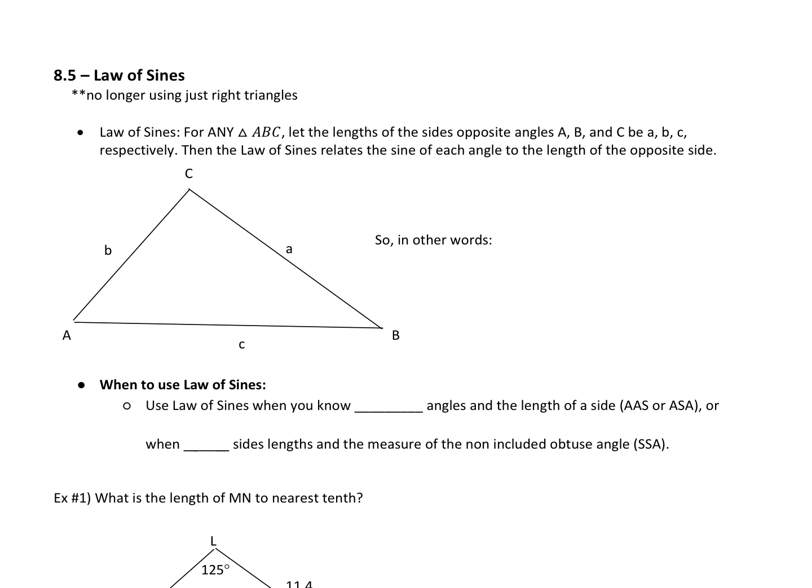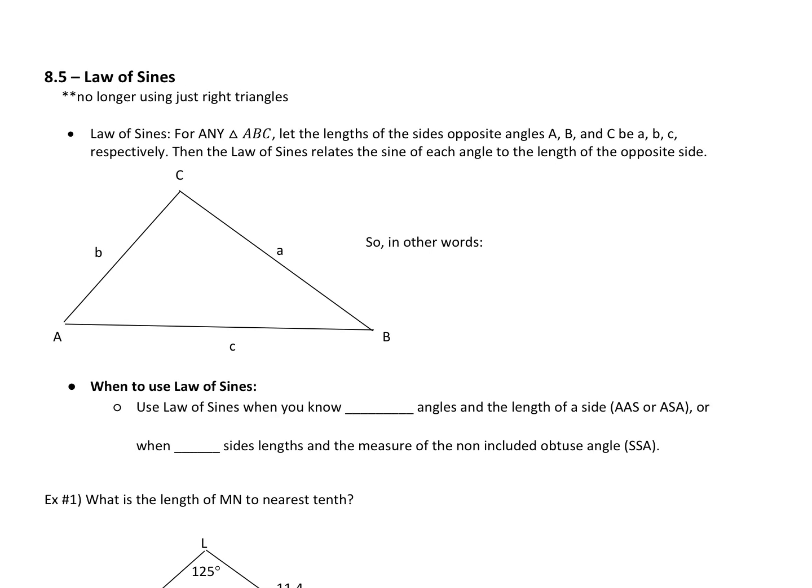So in other words, here's what we're saying. If I take the sine of angle A, I'm going to put it over the side that's across from it. Which side is across from angle A? Lowercase a. So from A to a, right? So this is what we're saying.